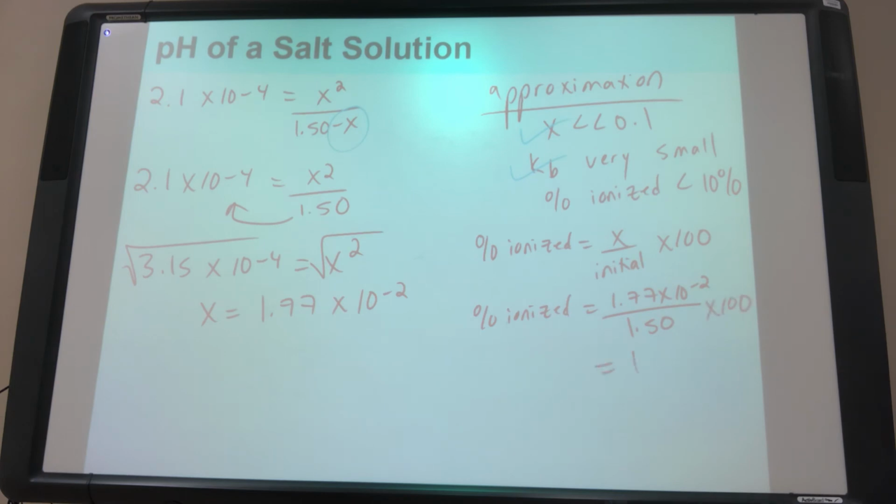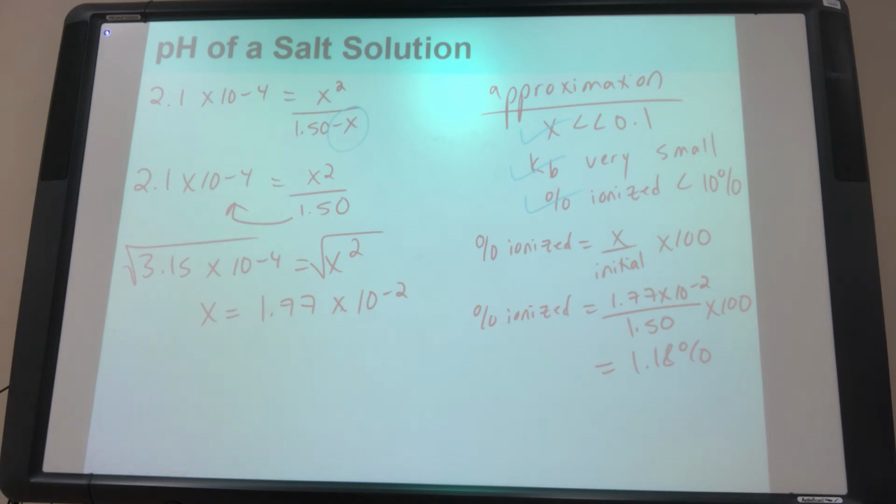That's going to come out to be 1.18%. So that means that my approximation was good. I didn't have to do the quadratic equation, which is almost always the case. It almost always works. All right, so I have x.